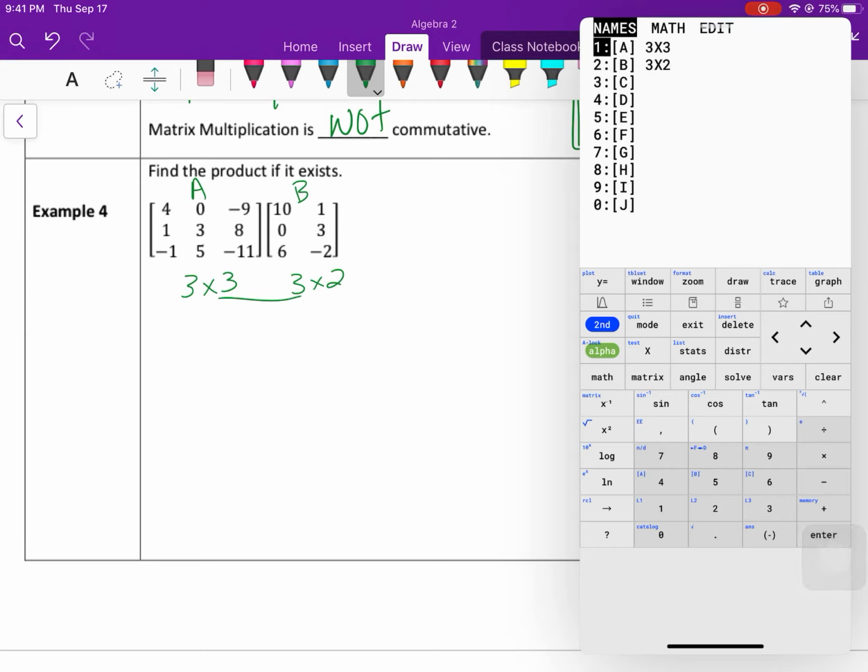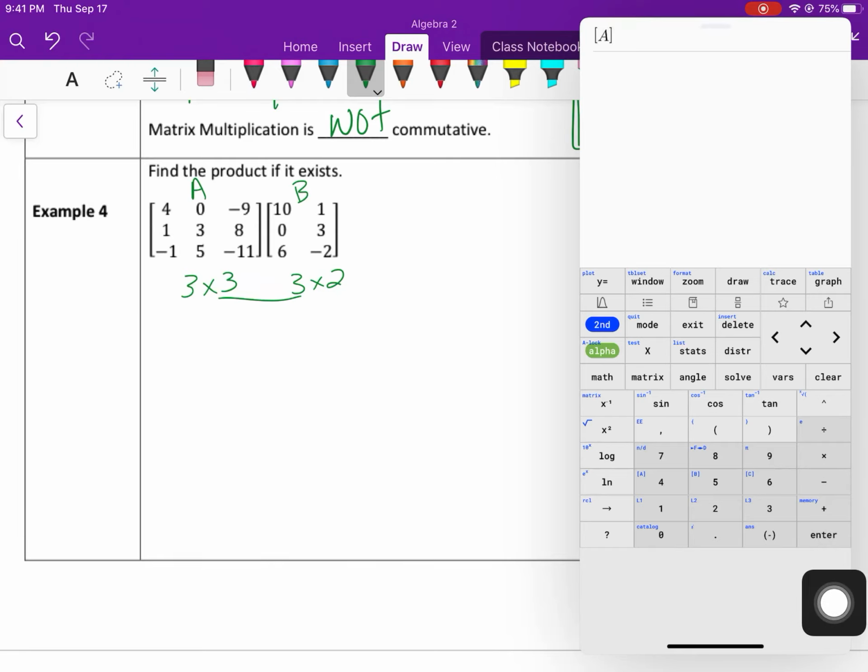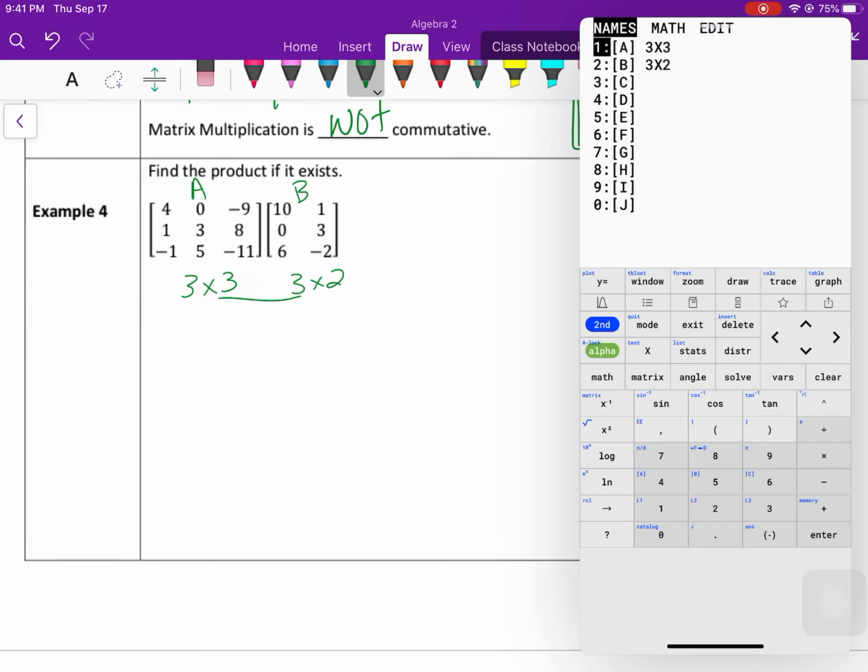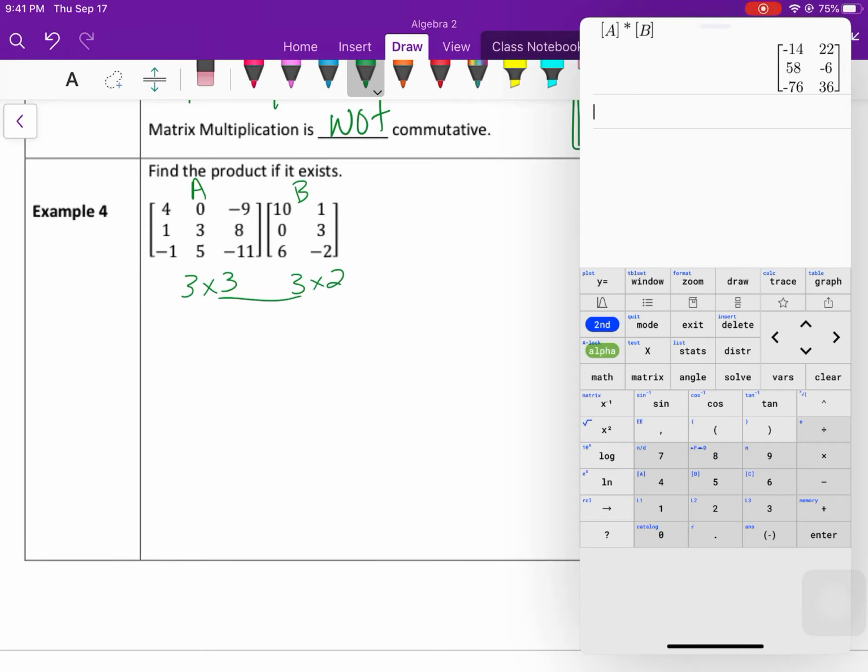Go back under matrix. I want to do A times B. So from the home screen, I go matrix. I'm going to select matrix A, so enter. And I want to multiply them, so times. Go back under matrix and select matrix B. Then hit enter. And notice that the answer should be a 3 by 2 matrix, which it is.